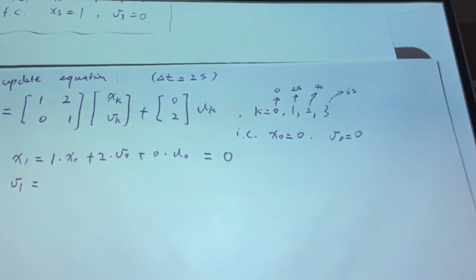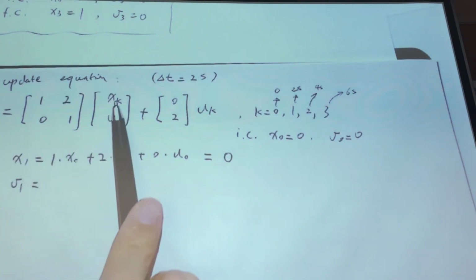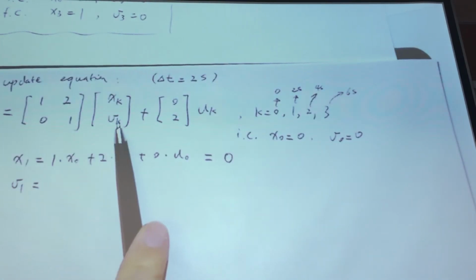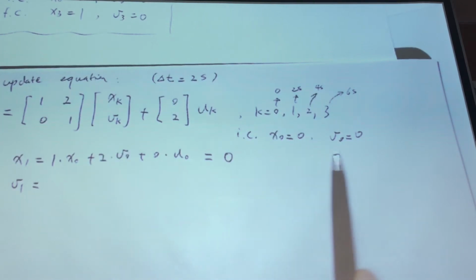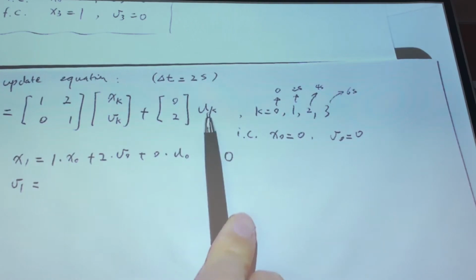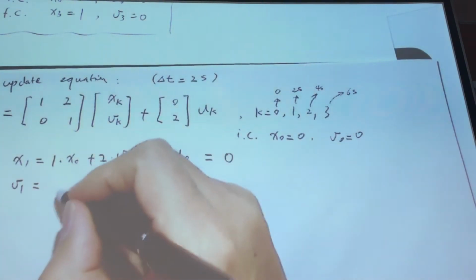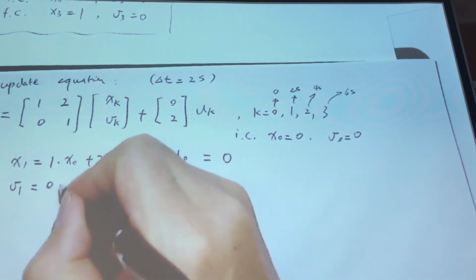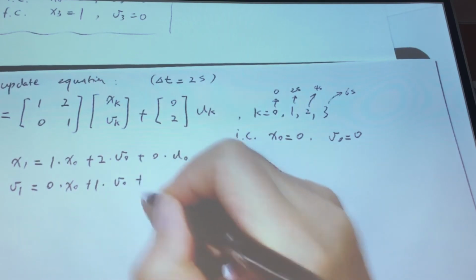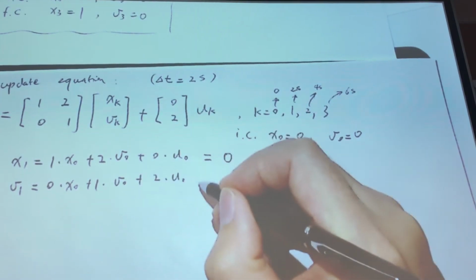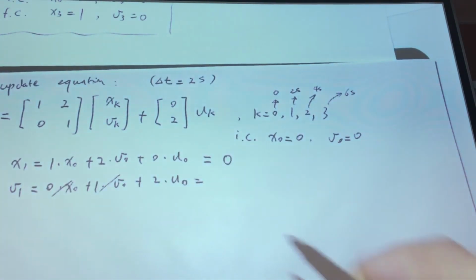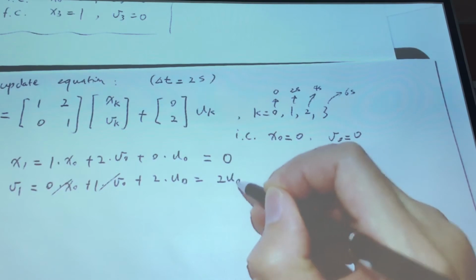The v1 is given by 0 multiplied by x0 plus 1 multiplied by v0 plus 2 multiplied by u0. Since x0 and v0 are 0, this is given by 2u0.